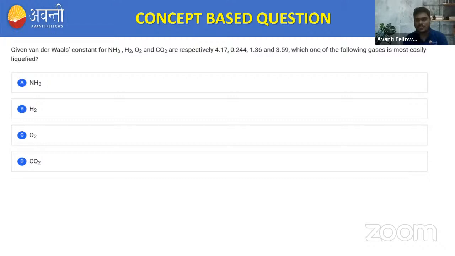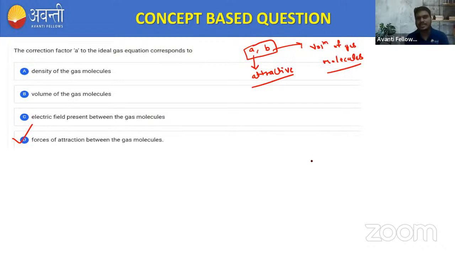H2 having value 0.244 beta, minimum value. What I'm saying in the previous question itself, ध्यान से देखो उसको. क्या बोला था? a denotes the attractive forces. और attractive forces means what?